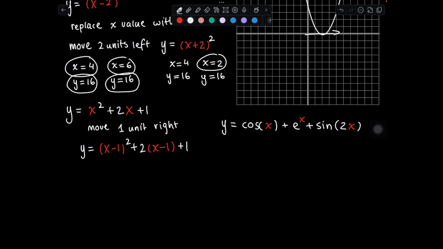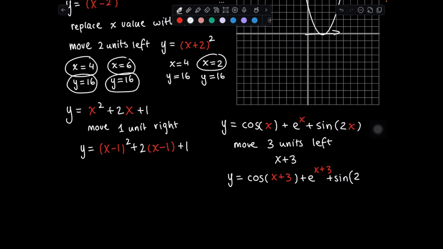Okay, so if I wanted to move this 3 units left, all you do again is just replace every single x value with x plus 3. Okay, so you're going to get y equals cos of x plus 3, plus sine, leave the 2 there, and then x plus 3 where that other x was.